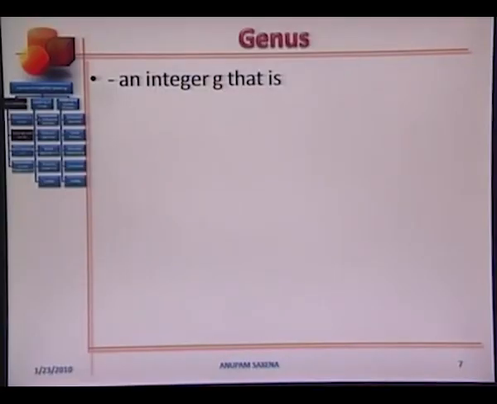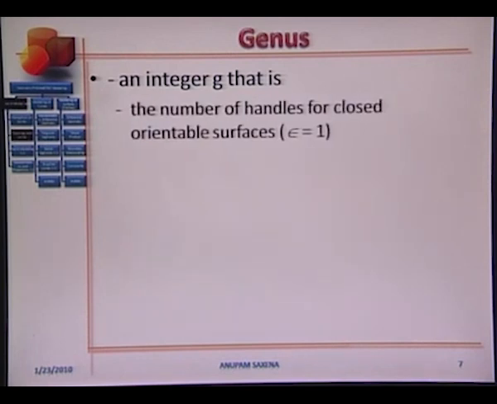It is represented by an integer g, and that is the number of handles for closed orientable surfaces for which epsilon is 1. If you recall this animation, a torus getting transformed into a coffee mug.